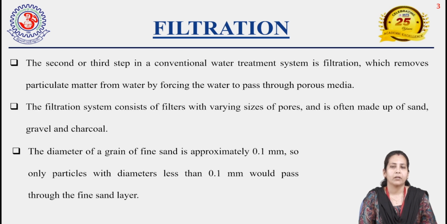The grain size of the fine layer is approximately 0.1 mm. So particles with diameter less than 0.1 mm would pass through the fine sand layer. Likewise, this filtration process carries on.